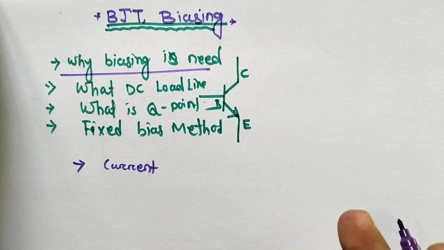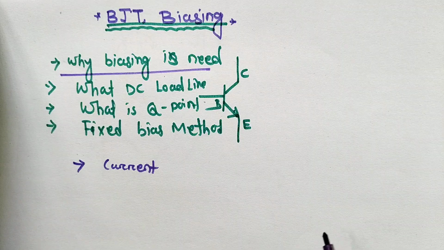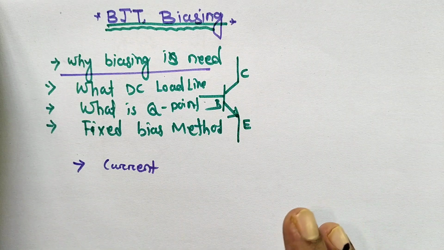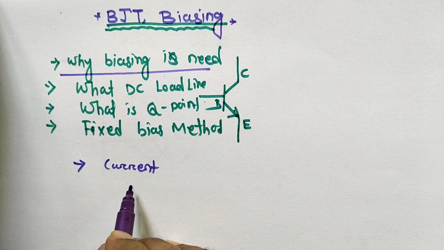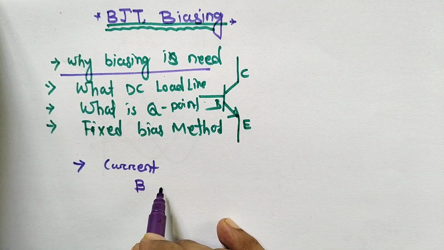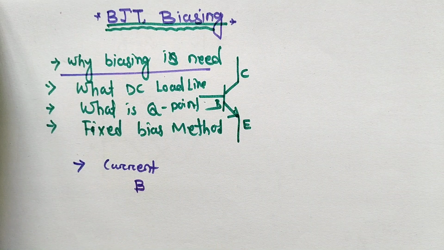We know the BJT can control the current, but it cannot automatically amplify in a stable region, so we need to bias it, because the gain factor beta changes with temperature and changes in supply voltage. So we need proper biasing to get the proper output.